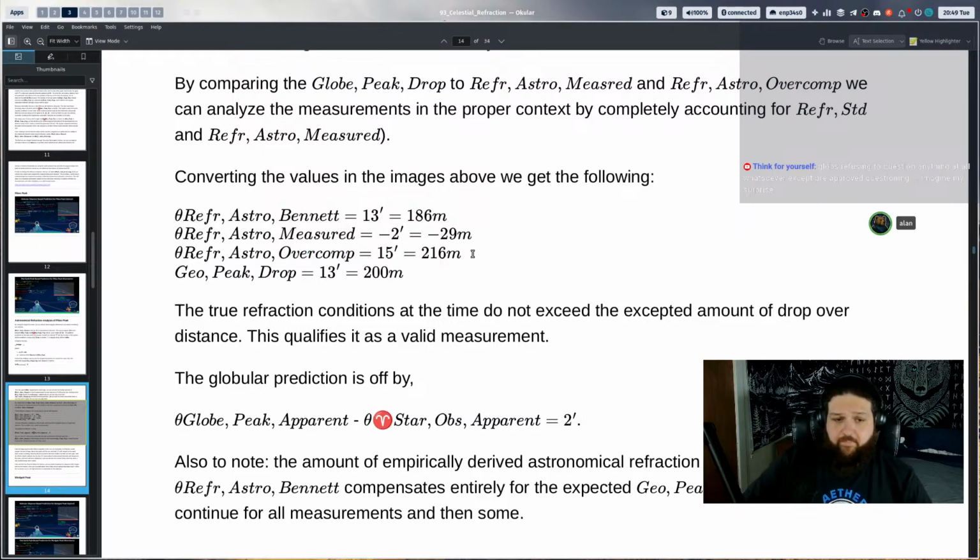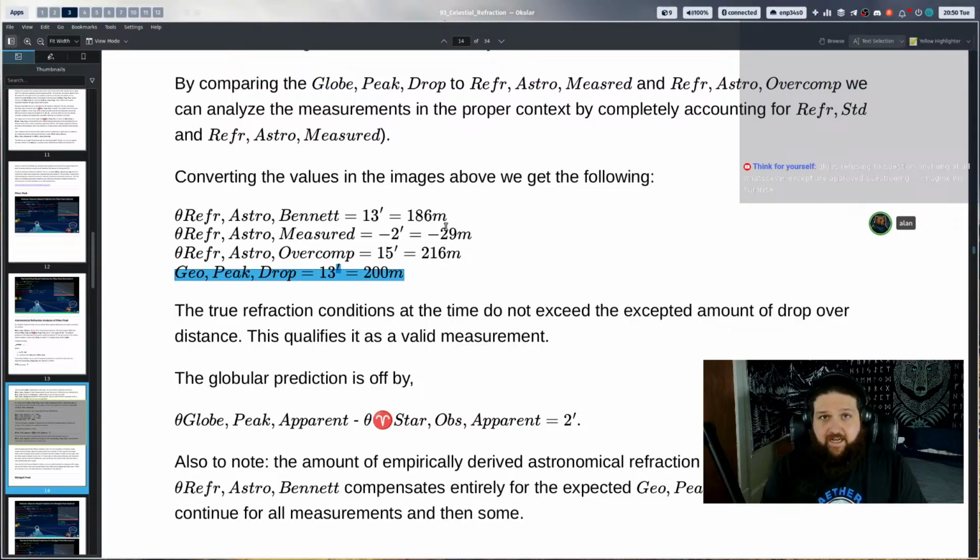And this is going to be an important metric to understand, because there's going to be instances where the amount of actual refraction matches or doubles or triples the amount of expected drop over distance. And in these instances, that constitutes an invalid measurement, because the refraction conditions at the measurement make it such that you can't determine whether or not the Earth is flat or a globe there, because the refraction conditions entirely facilitated the measurement.